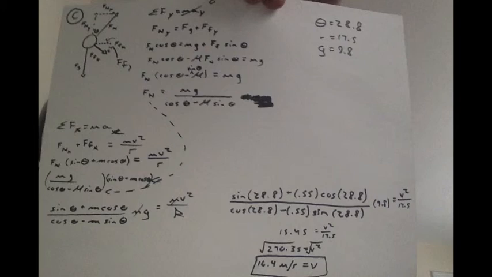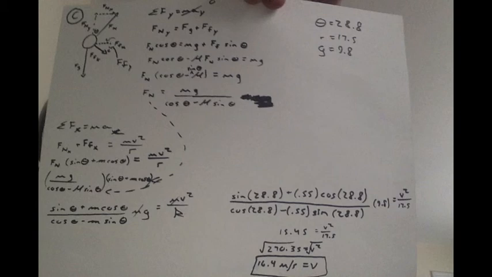And this is equal to mass times velocity squared over radius. And we can cancel out the masses, and then we have these two pretty big looking blocks of equation, but we actually have all the values we need. We can just plug in the theta, 28.8.